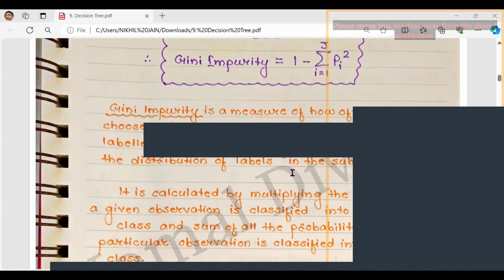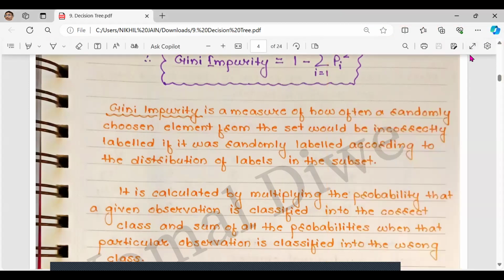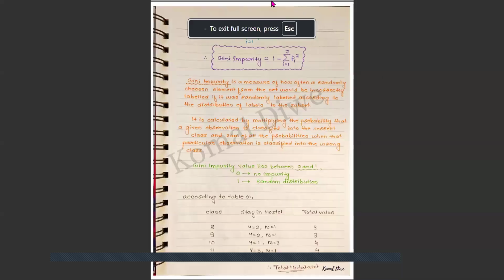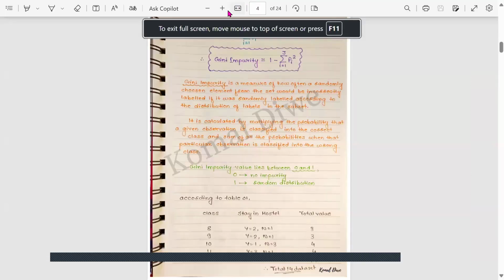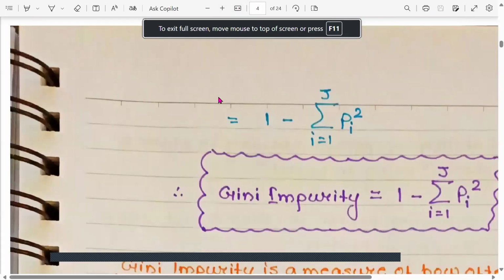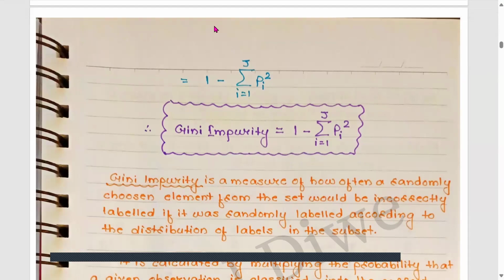Now, is my voice audible? Please tell me in the comment box so that I get to know. Is the sound clear?